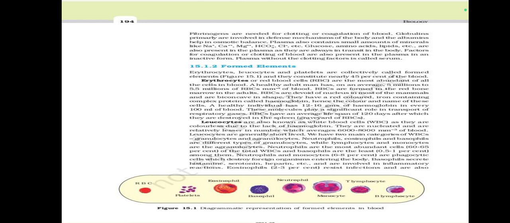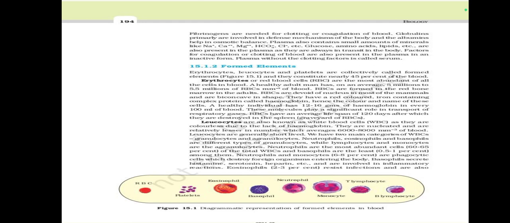Granulocytes and agranulocytes: neutrophils, eosinophils, and basophils are different types of granulocytes, while lymphocytes and monocytes are the agranulocytes. Neutrophils are the most abundant cells, 60 to 65% of the total WBCs, and basophils are the least, 0.5 to 1%.